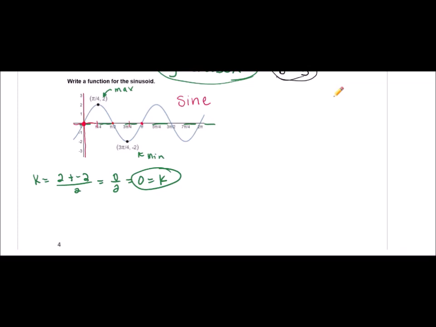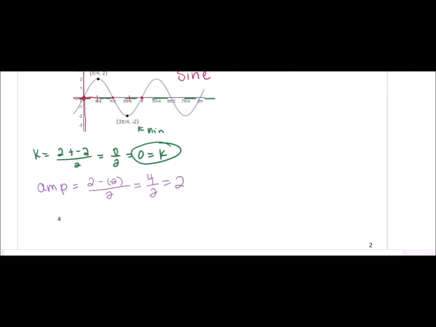Next is the amplitude. That is the same as the other one, so 4 over 2 equals 2. Now we look at it and ask, has it been reflected? No reflection. So A is going to equal positive 2.